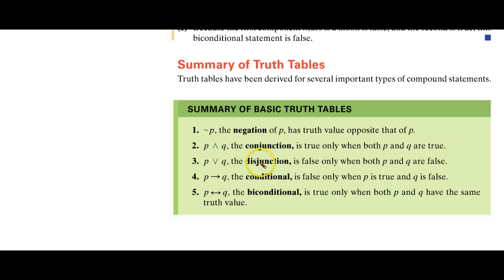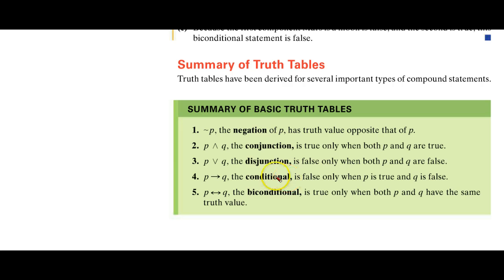Now for the disjunction, where the inverted caret is the word "or," P or Q, this is false only when both of them are false. Remember, if one of these is true, then it's true. But if they're both false, that's when they're false.